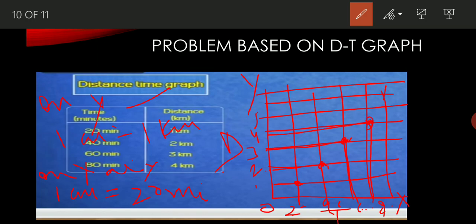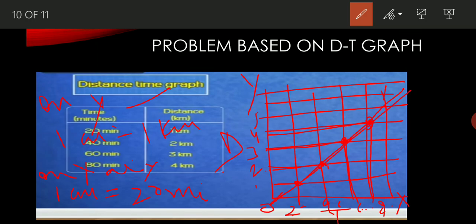Now we have got the points of intersection. We have to make a line which matches all the points of intersection. In this way we get a straight line graph.